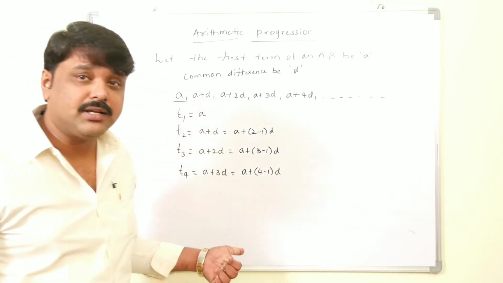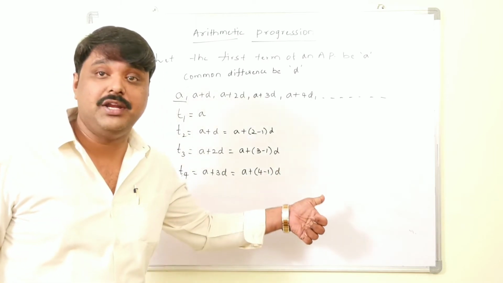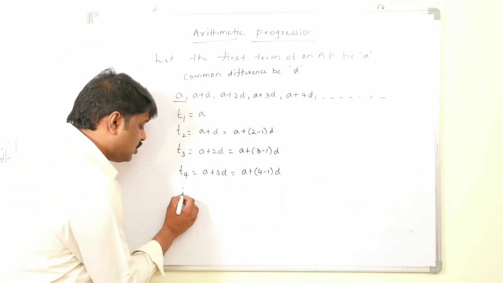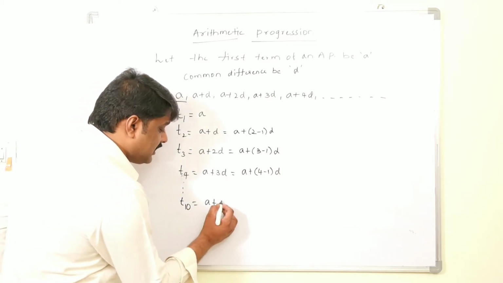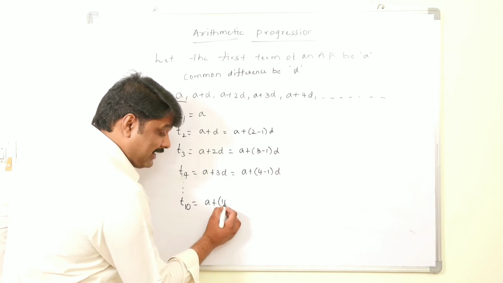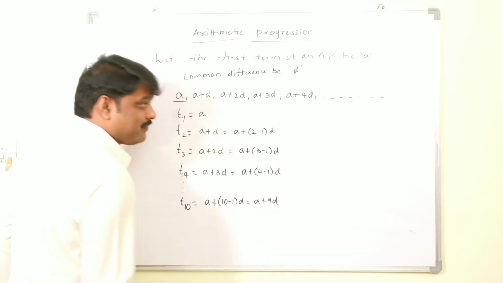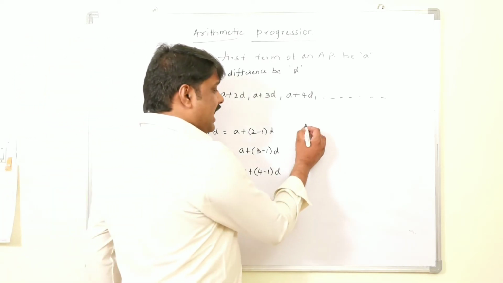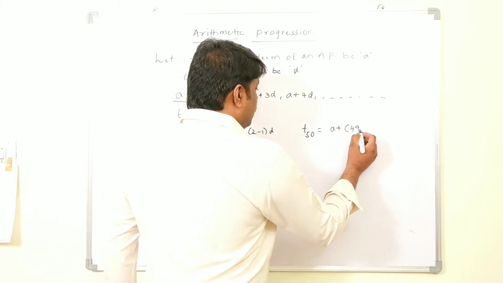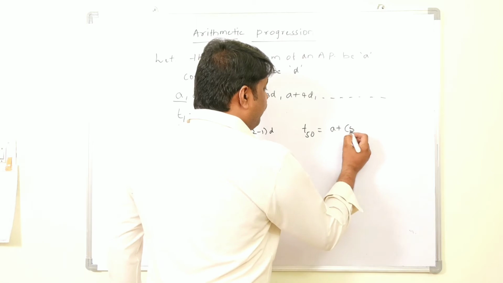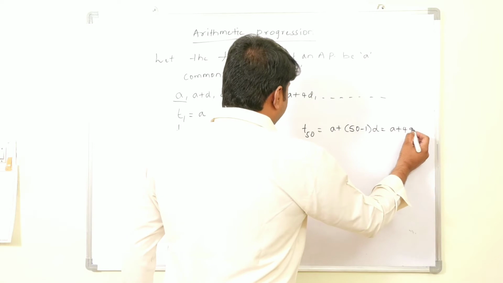By this, can we write the 10th term? We have written T4 as a plus 4 minus 1 into d. If we go on to the 10th term, it will be a plus 10 minus 1 into d, that is a plus 9d. If I would like to write the 50th term, then it would be a plus 50 minus 1 into d, which is nothing but a plus 49d.